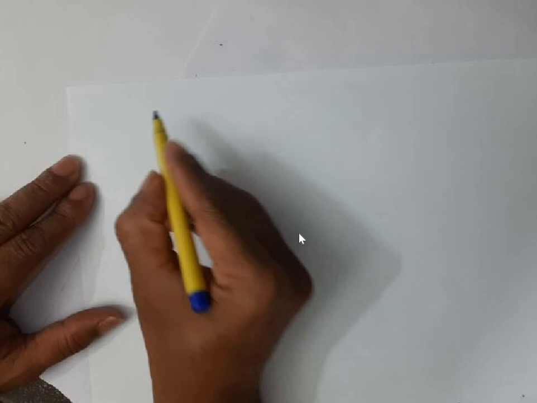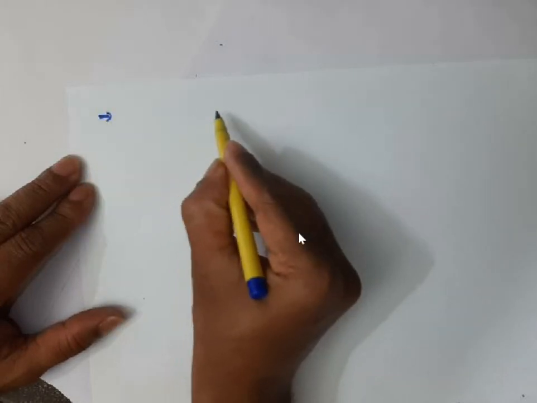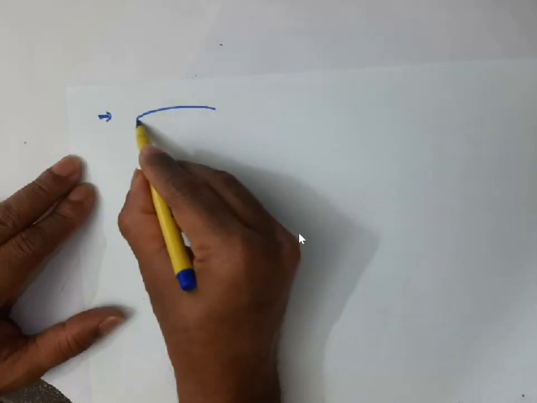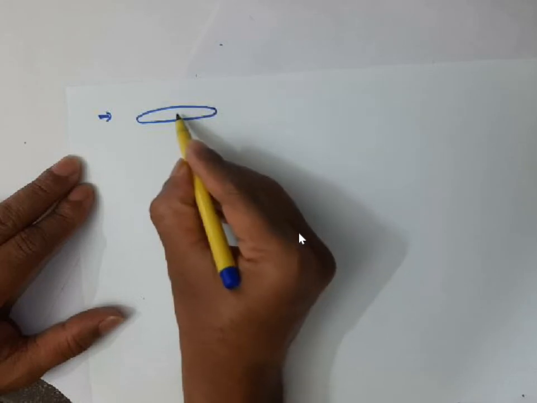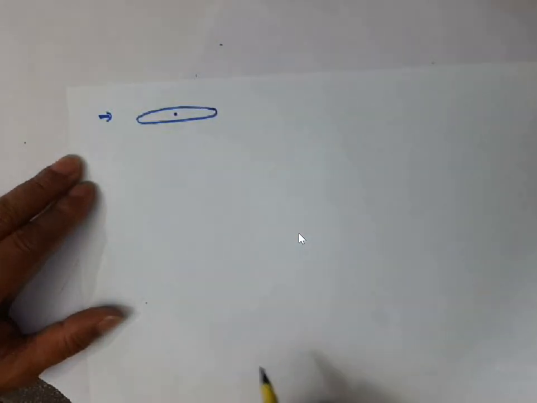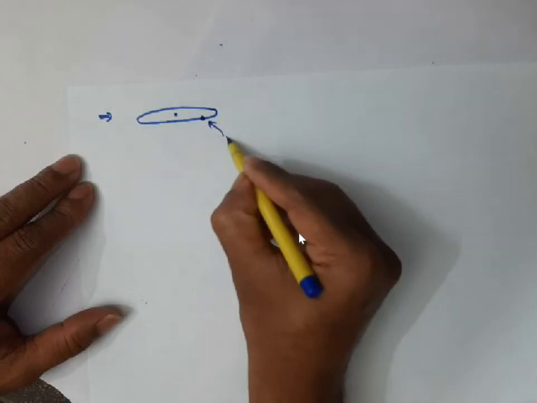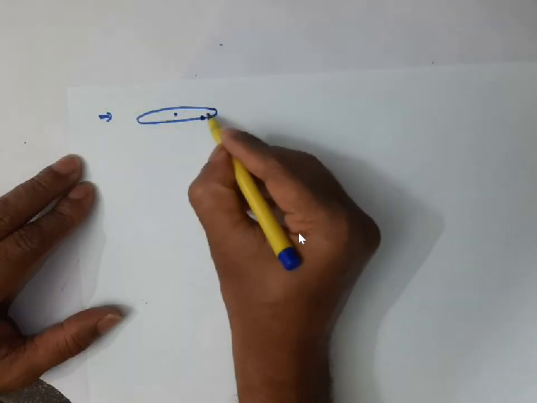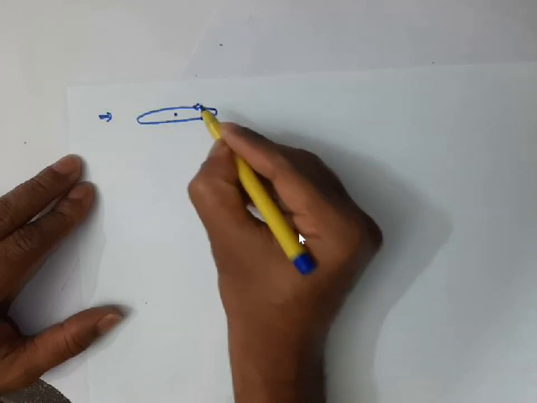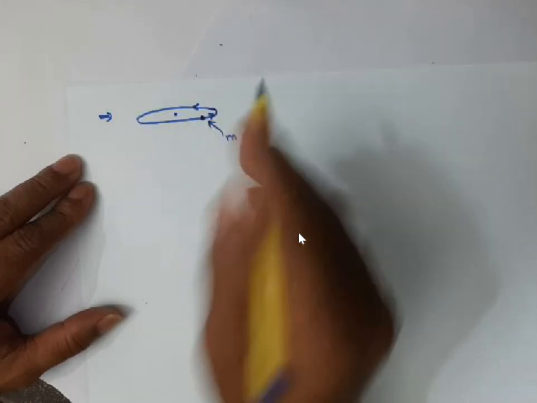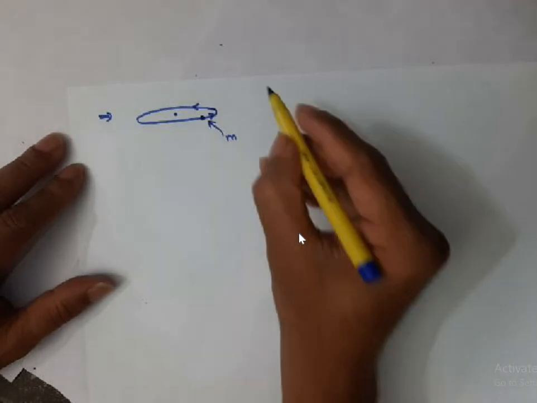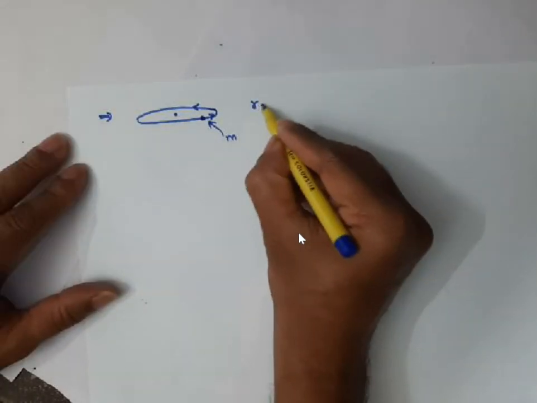Then suppose assume that a particle is moving on a ring of constant radius r. Suppose I have some particle here, let the mass of the particle be m, and this particle is moving in this ring, and the radius of the ring, let it be r, where r is a fixed value.